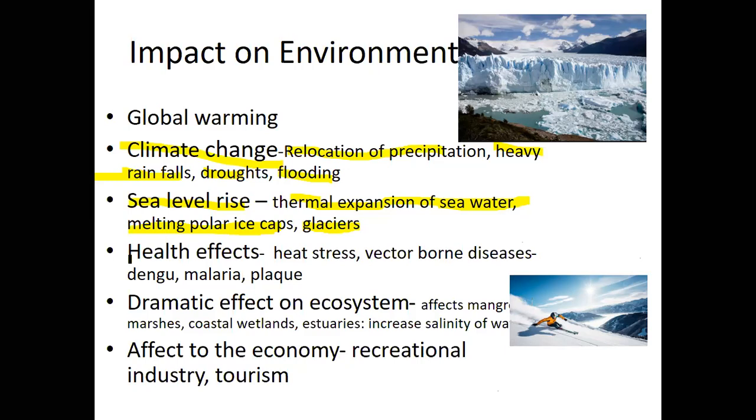Then the other bad impact of global warming is health effects. Heat stress. Then vector-borne diseases like dengue, malaria, and plague. Dengue was not available in the 1970s or 1980s. Because of the increase of Earth's surface temperature, the mosquito can easily spread dengue and malaria.